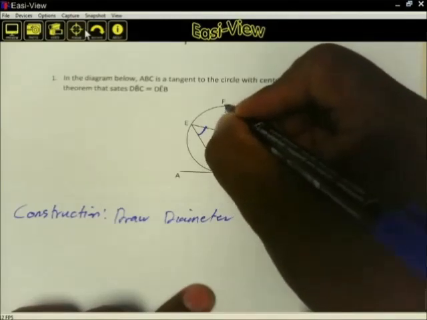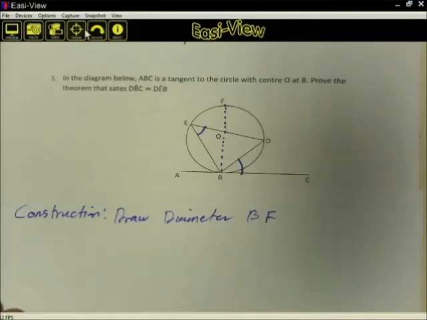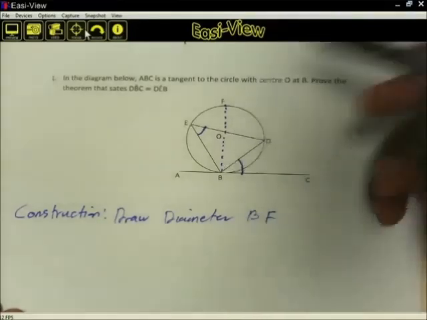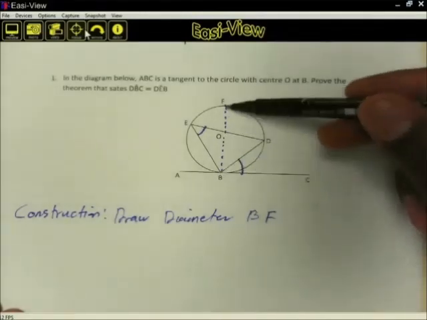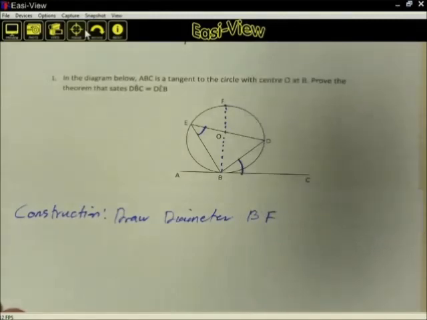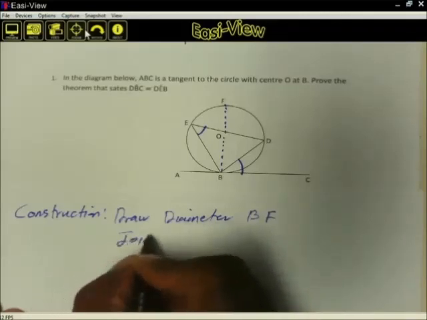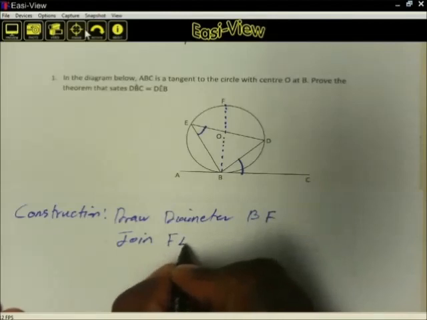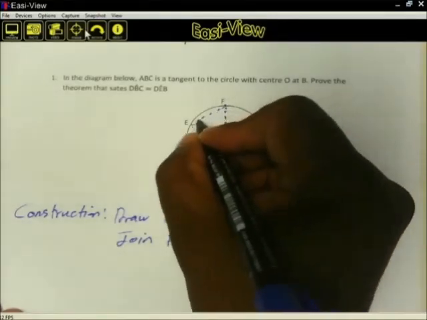A diameter, that point is F. We know that the line that passes through the center of the circle from one part of the circumference to the other part of the circumference is called the diameter. So a diameter divides the circle into two halves. So we have drawn diameter BF, and then let's join FE, or EF.